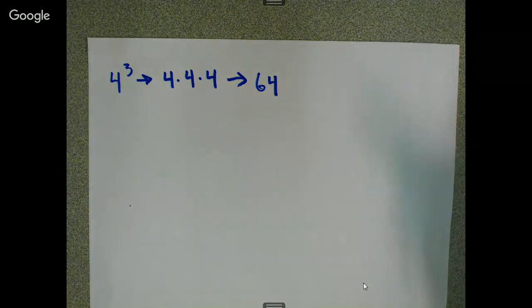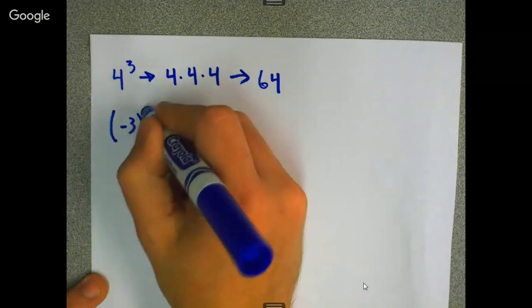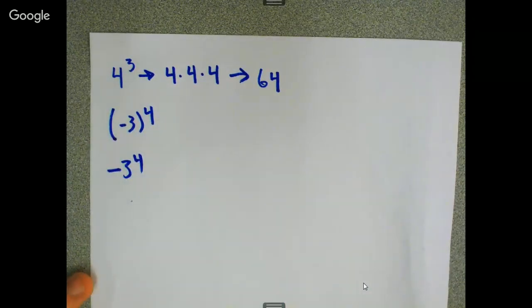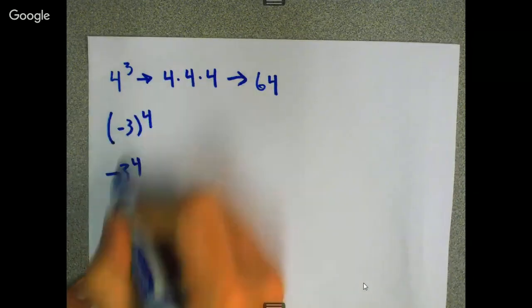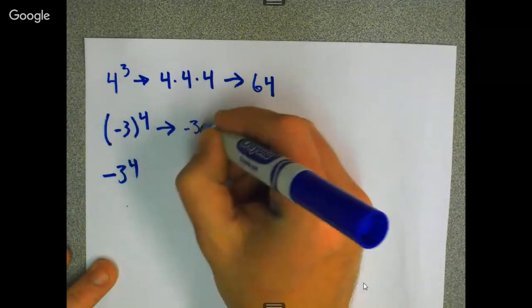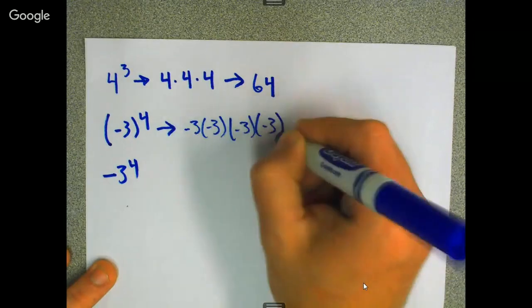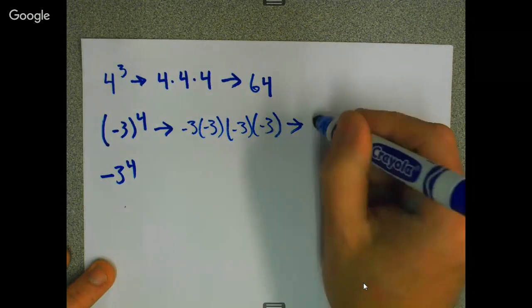We can do it with negatives. There are 2 different ones here that will give you 2 different answers. You have negative 3 quantity to the 4th and negative 3 to the 4th. The first means you are taking -3 times -3 times -3 times -3, which results in a positive 81.